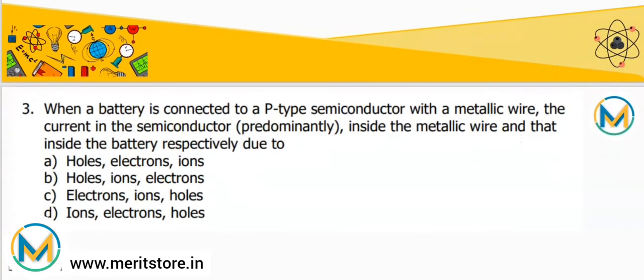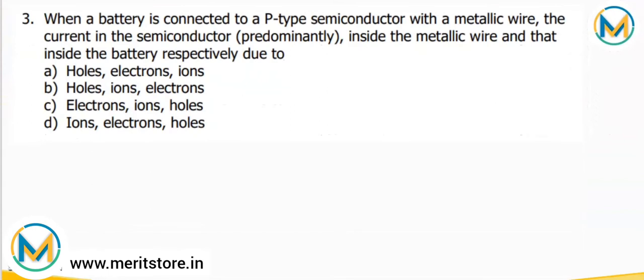Next question. When a battery is connected to a P-type semiconductor with a metallic wire, the current in the semiconductor, inside the metallic wire and that inside the battery respectively due to. So here we are supposed to find out the specific type of currents present in different parts.